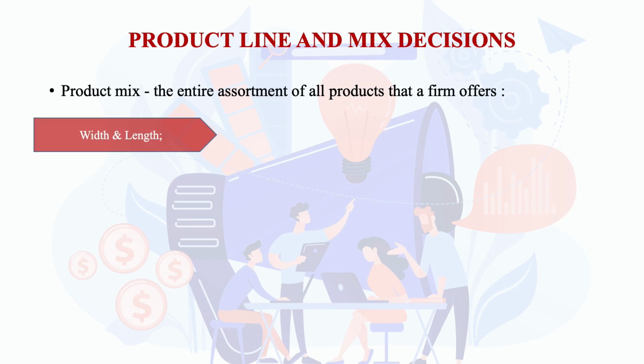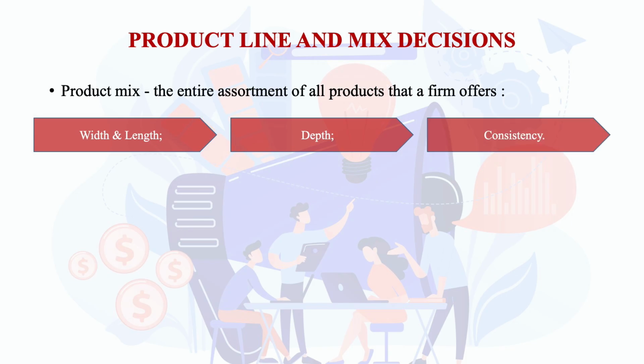What is the total number of different product lines that you carry? What is the length of each product line? Within each product line, how many different variants do you offer? That is called the depth of the product line. How closely related your product lines are is called the consistency of the product line. So these are some of the variables that define what kind of product mix you have.